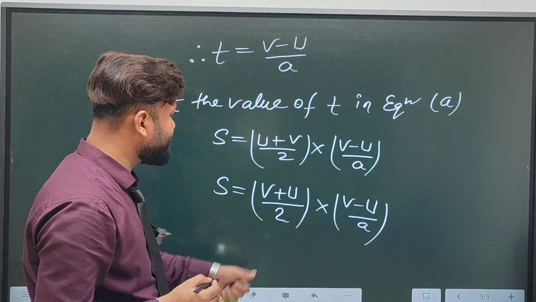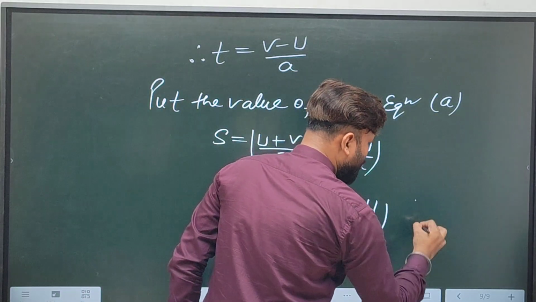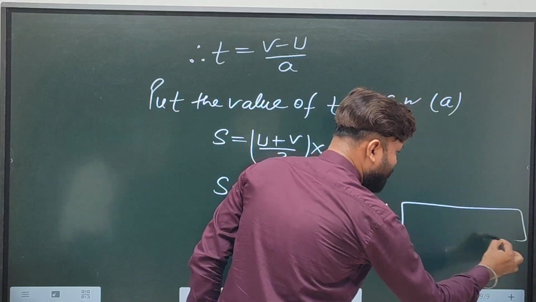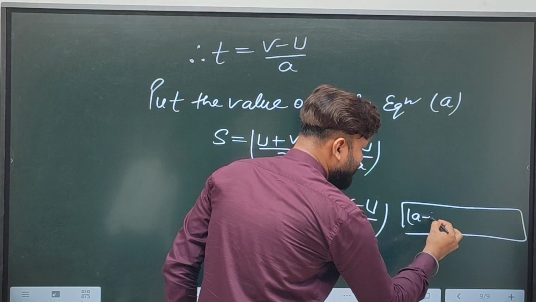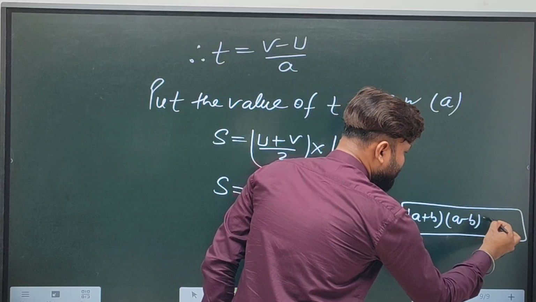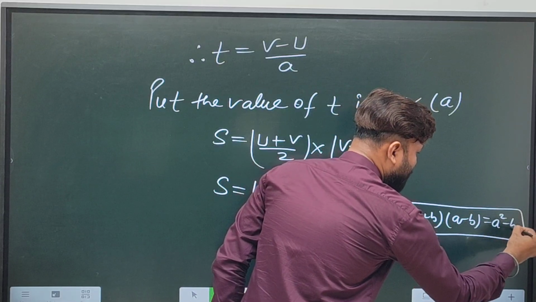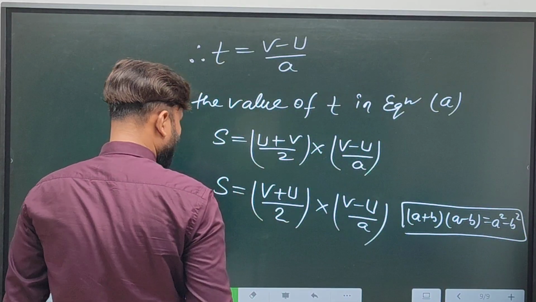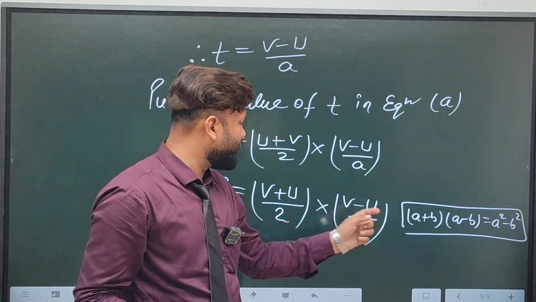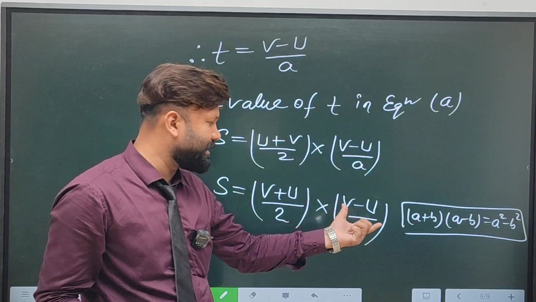So here students, we can use one algebraic formula. What is the algebraic formula we will use? a plus b, a minus b is equal to a square minus b square. So what we can do students, here v plus u, v minus u, it is in the form of a plus b and a minus b.